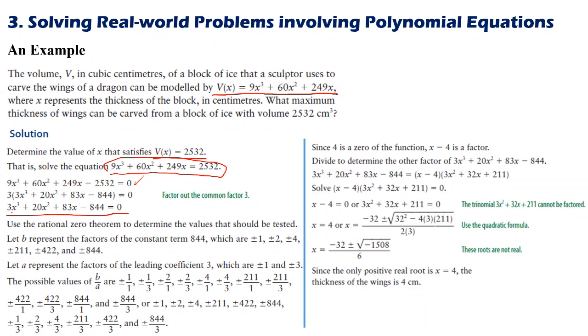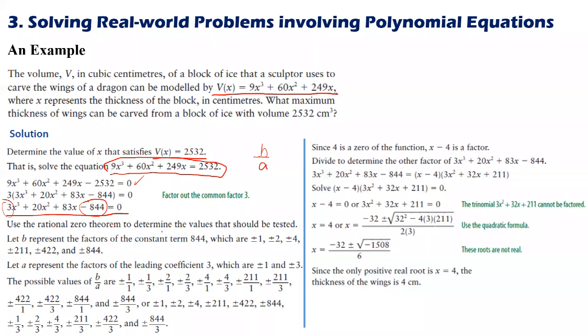So again, you can always refer to the factor theorem along with the rational zero theorem. So note that we need to check b over a, right? To see if it's a value that can make the expression on the left be 0. So b is a factor of the constant, and a is a factor of the leading coefficient.